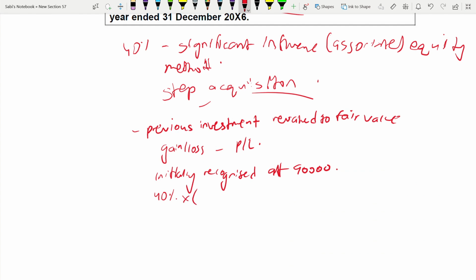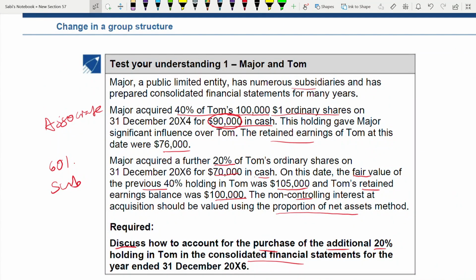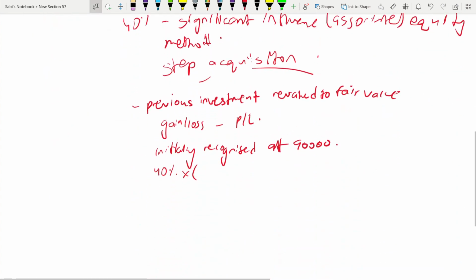The difference between the two retained earnings. Retained earning was 100,000 at 31st December 2006. I will highlight it for you. It was 76,000 in 2004. So the difference between the retained earnings is your profit. It increased from 76,000 to 100,000. That is the post-acquisition profit. So on that you apply 40%.